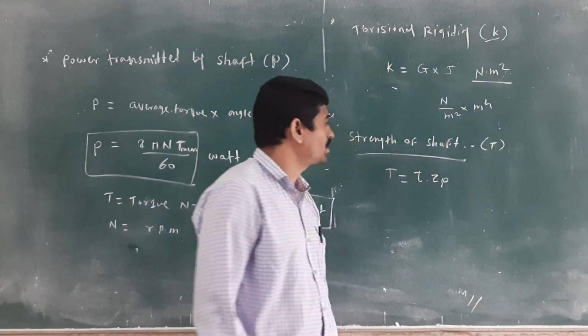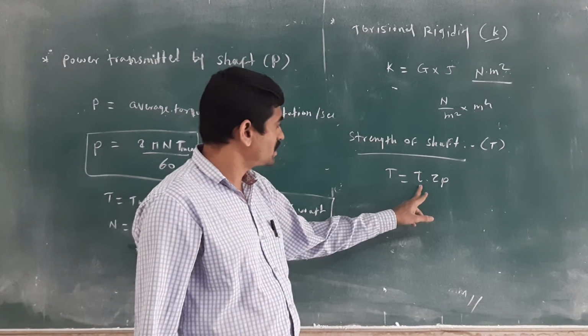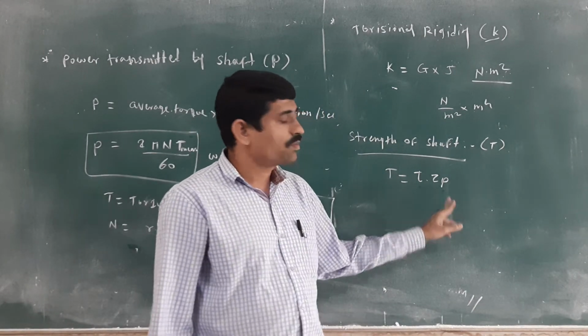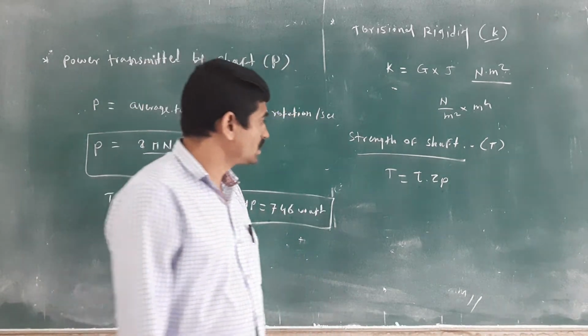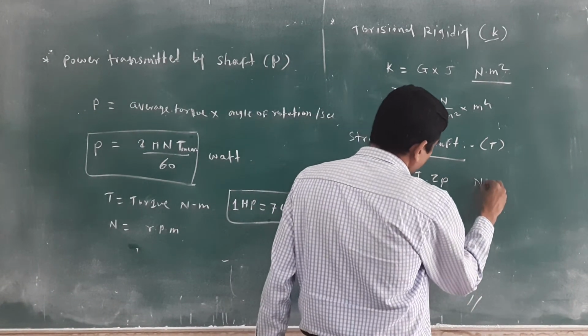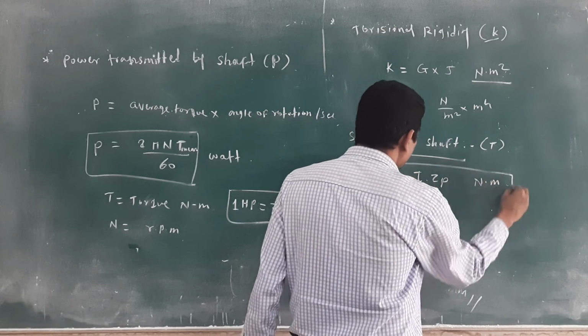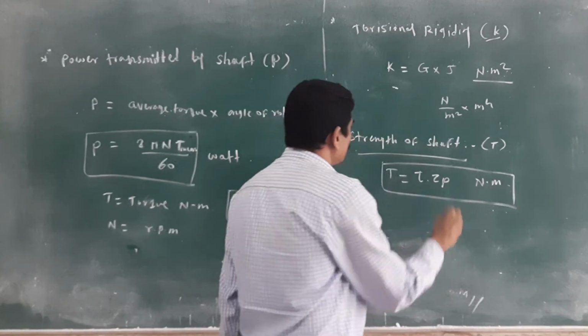Tau is the shear stress and ZP is the polar sectional modulus. The unit is Newton meter. Tau into ZP.